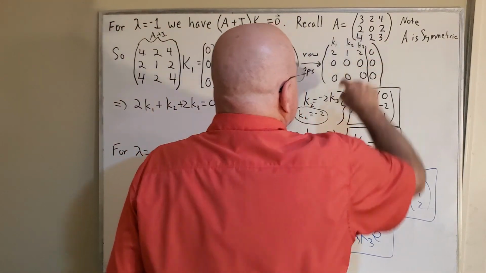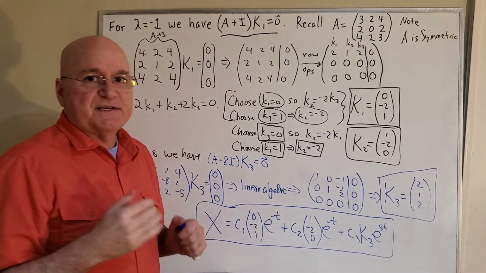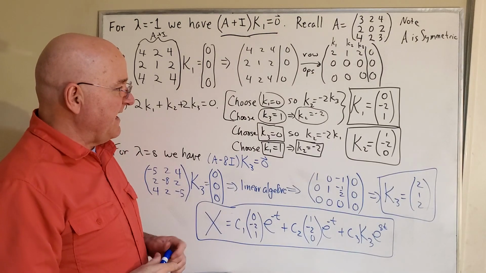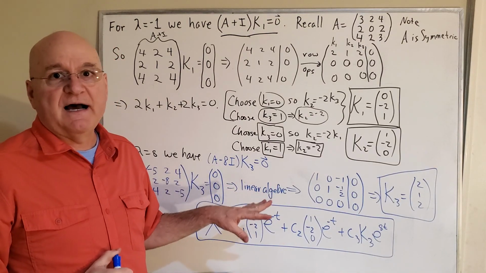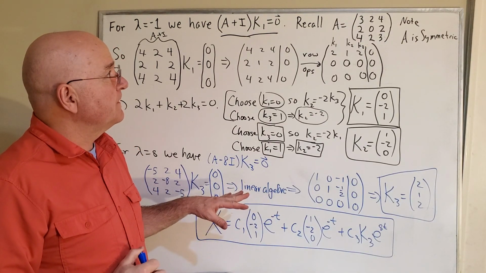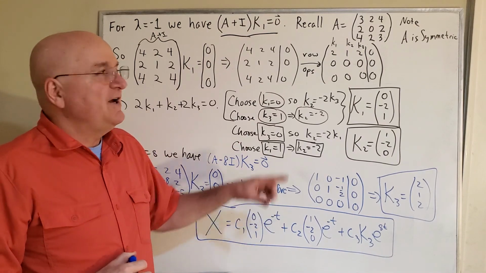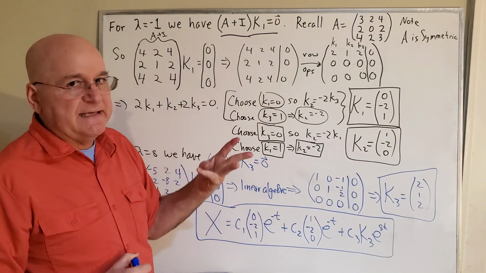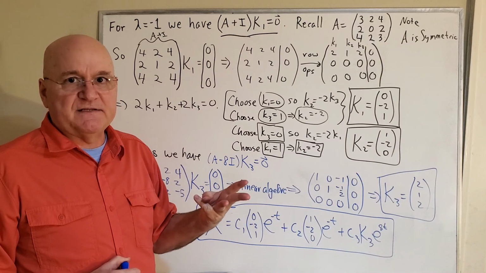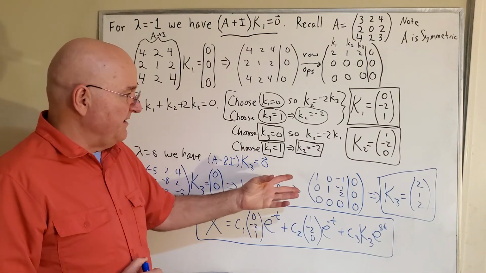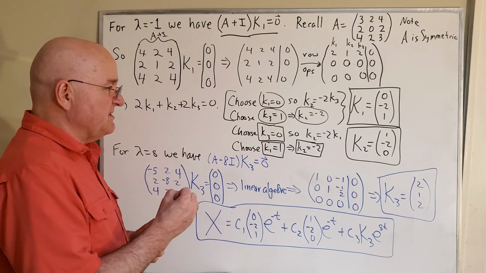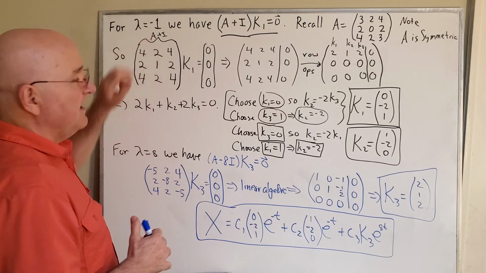When your coefficient matrix is a symmetric matrix, you're going to have repeated eigenvalues that are not a problem. You will get 3 linearly independent eigenvectors. And in this case, 2 of them were associated with the same eigenvalue.